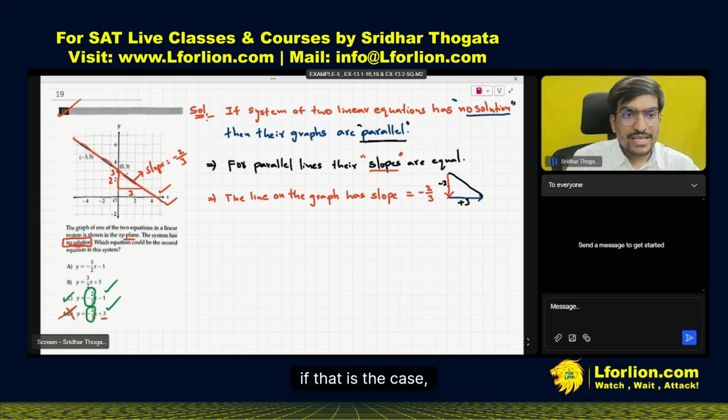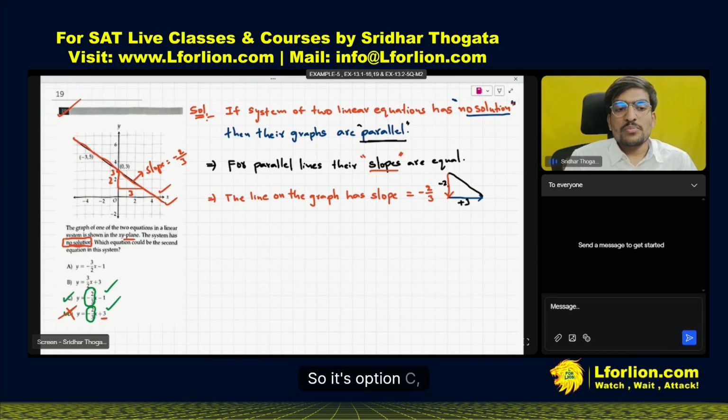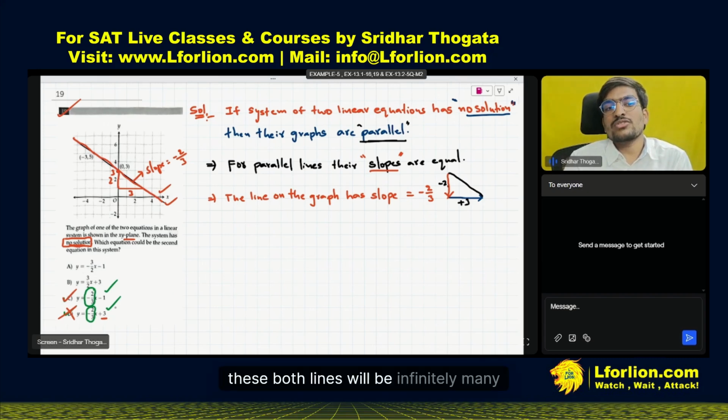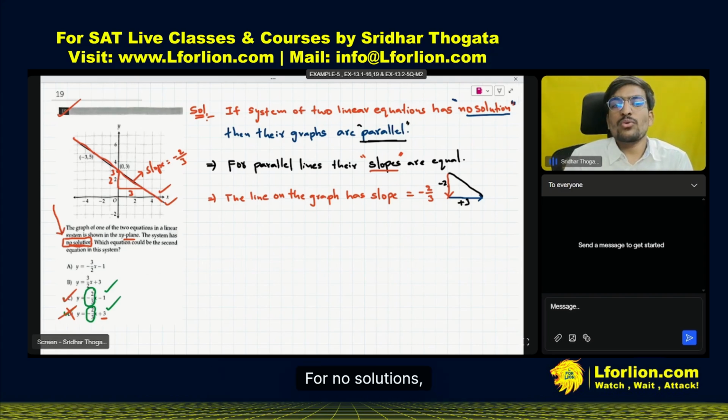If that is the case, these two given lines have infinitely many solutions because the lines are coinciding. So it's option C, not D, because the given condition is no solution. For no solutions, lines must be parallel. So it's obviously -1, its y-intercept.